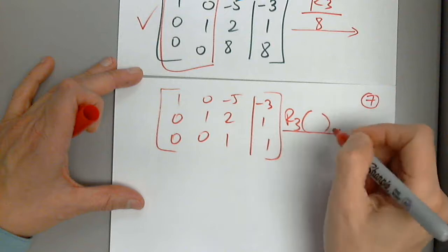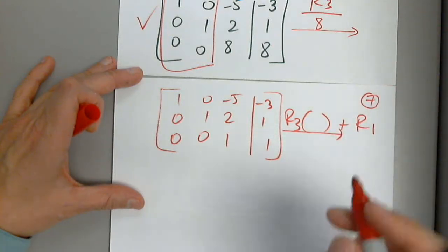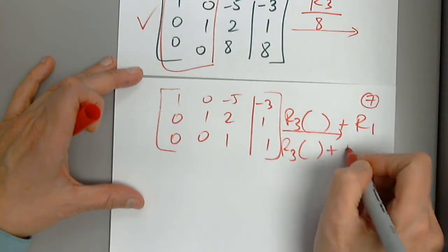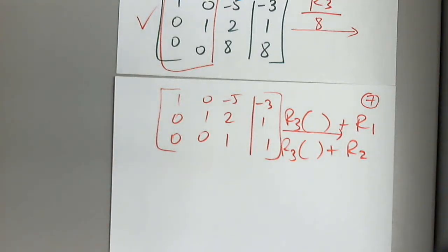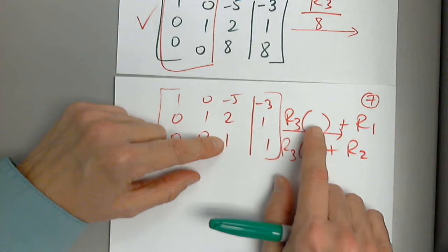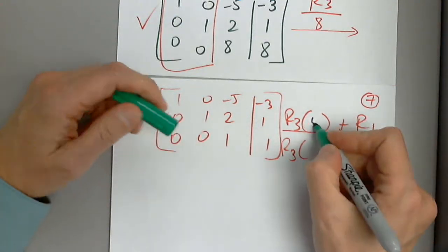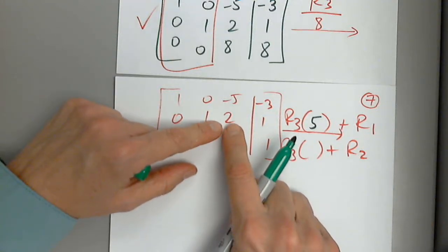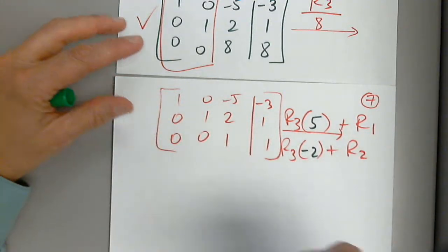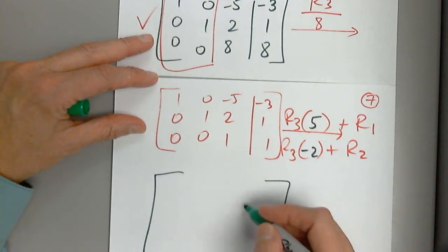So row 3 will be multiplied by something and added to row 1, and row 3 multiplied by something and added to row 2. So one more time, what do I multiply it by to eliminate the -5? Very good. What do I multiply by to eliminate the 2? Good. And this will be the final step.